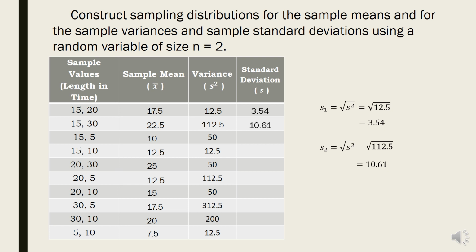Let us reveal the standard deviation from the third set to the last set: 7.07 for the third, fourth 3.54, fifth 7.07, sixth 10.61, seventh 7.07, eighth 17.68, ninth 14.14, and the last set is 3.54.